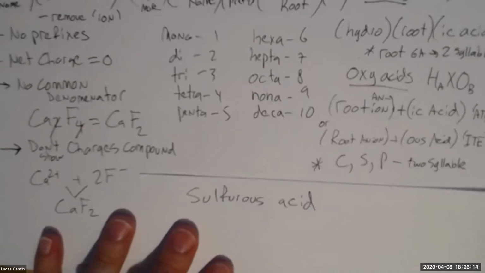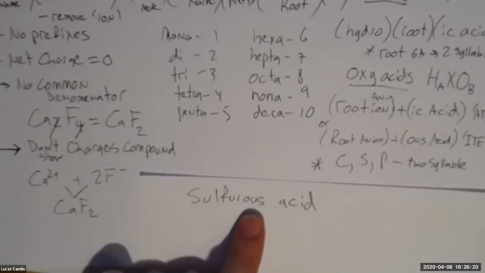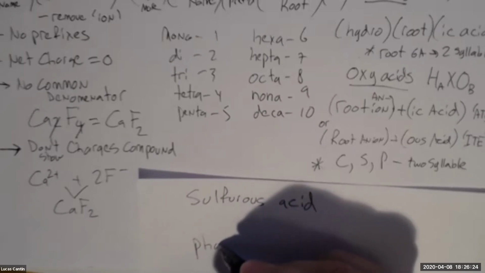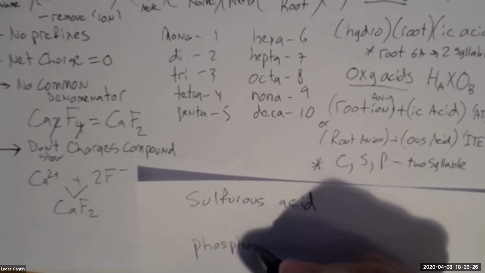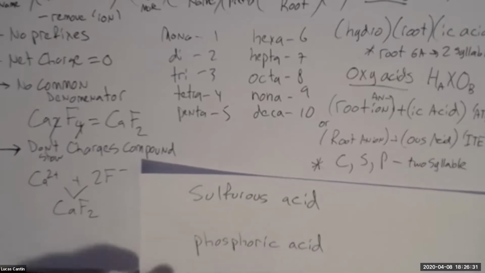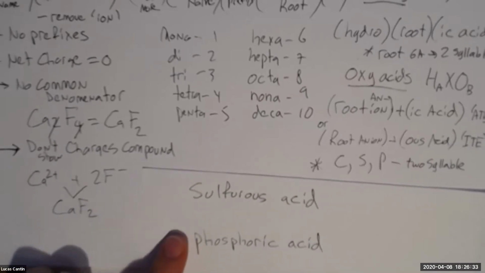An oxy? Yeah, good. How do I know it's an oxyacid? Because of the OUS at the end. Well, actually, what about phosphoric acid? Is that an oxyacid or a binary? It's an oxy. Yeah, good.